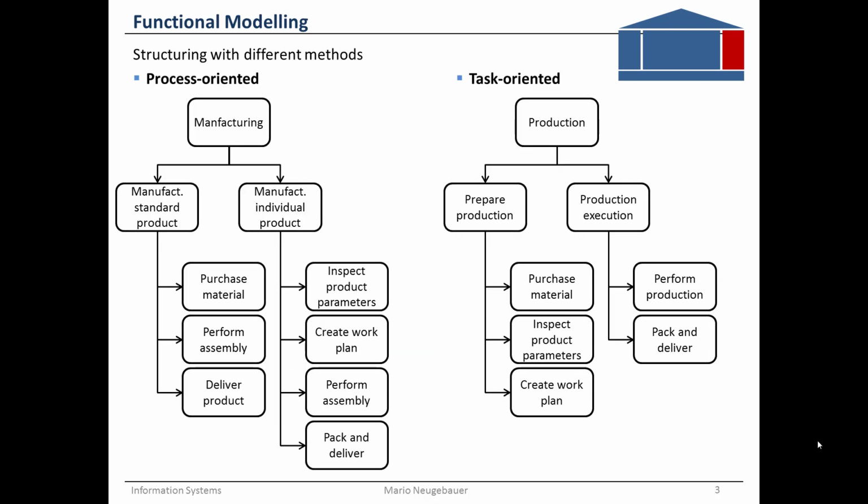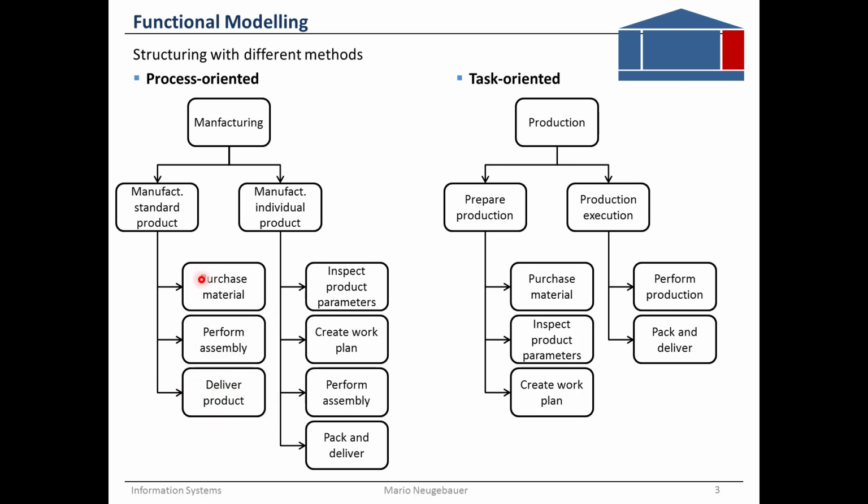Here you can see two different methods to organize your functionality in a software. First one is process-oriented, second one is task-oriented. In the process-oriented view onto your functions, you would take care about your product. Maybe you manufacture the standard product, and then for the standard product you purchase the material, you perform the assembly, and you deliver the product.